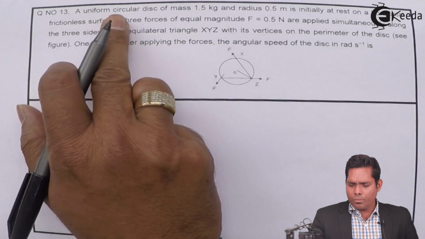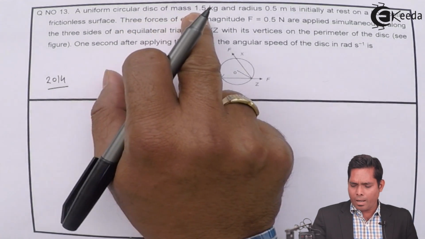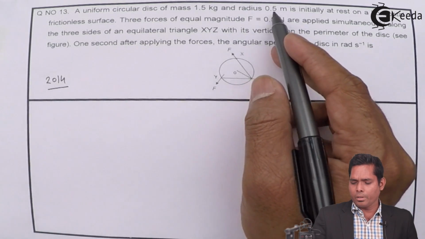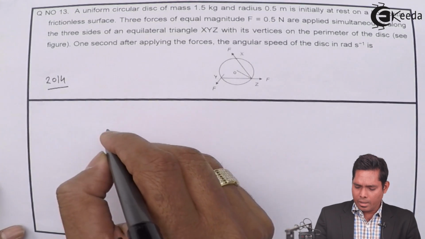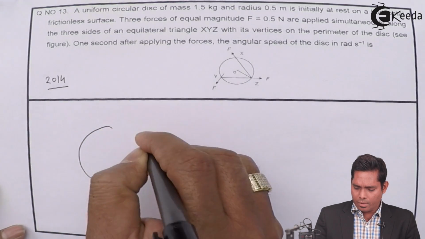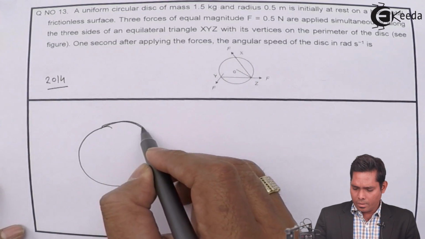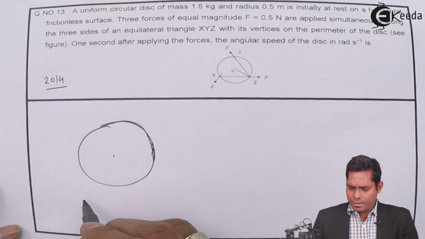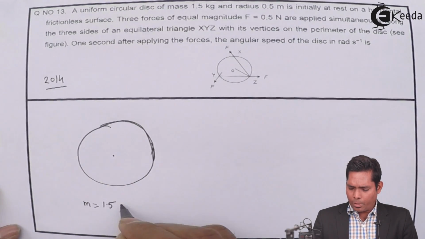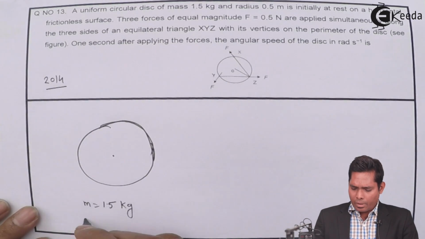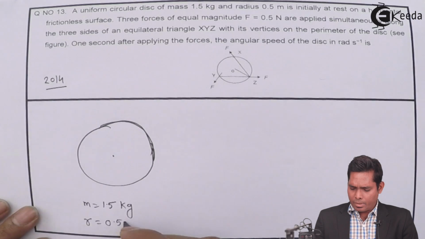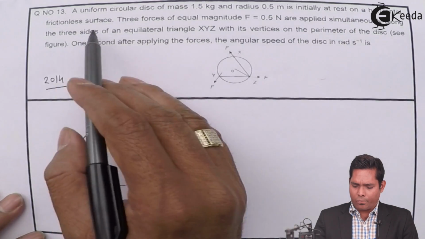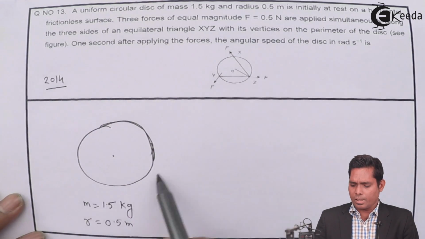Now it says a uniform circular disc of mass 1.5 kg and radius 0.5 meter is initially at rest on a horizontal frictionless surface, so it is on a surface which is frictionless.